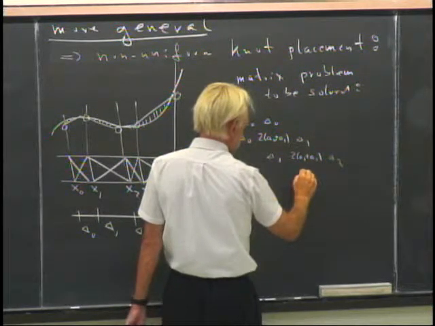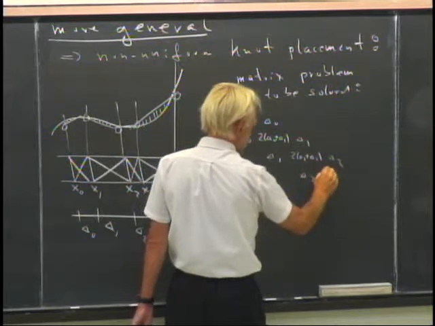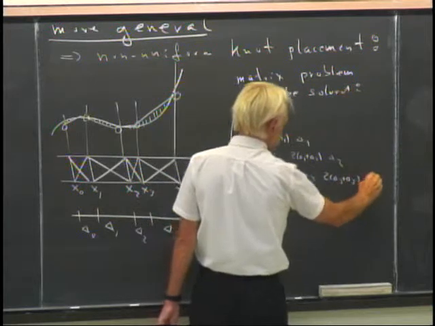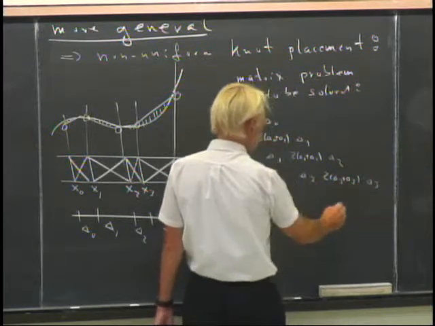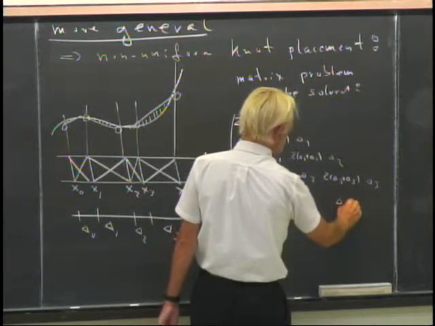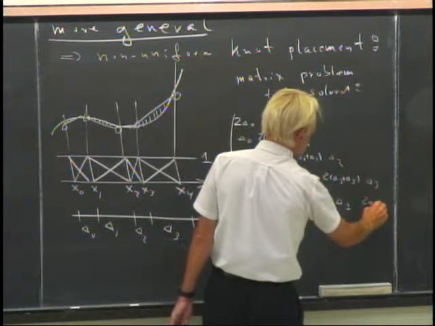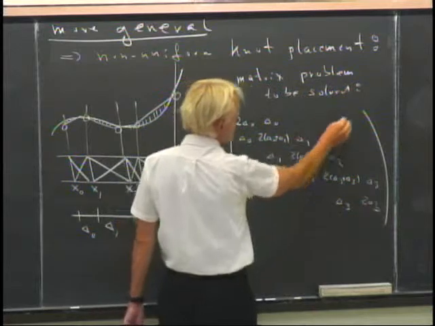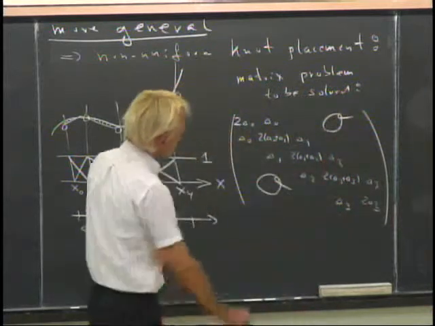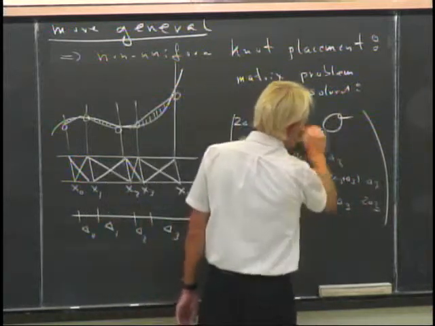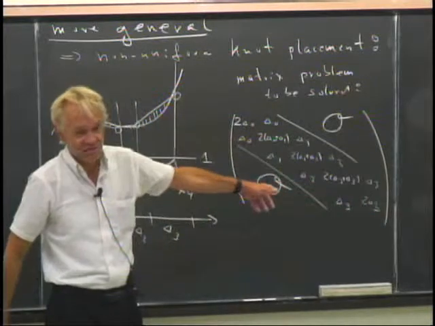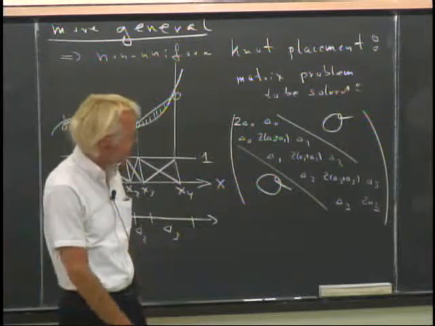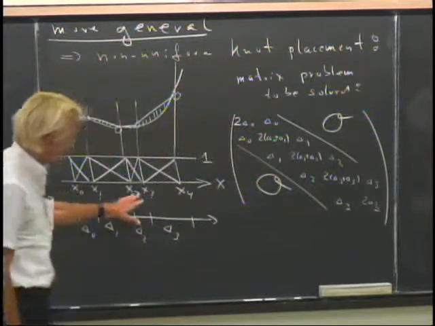Next one is delta 2, 2 delta 2 plus delta 3, delta 3, and the last row is delta 3 and 2 delta 3. And that's the matrix. The rest is 0. And you see that when all the deltas become 1, as in that special case, you get that matrix with just 1s, 2s, and 4s in it. But this is a general case.